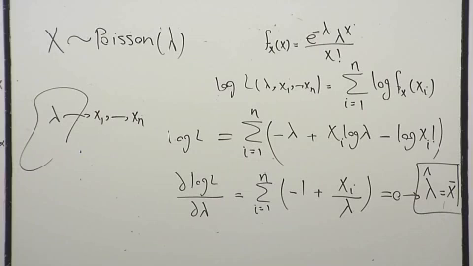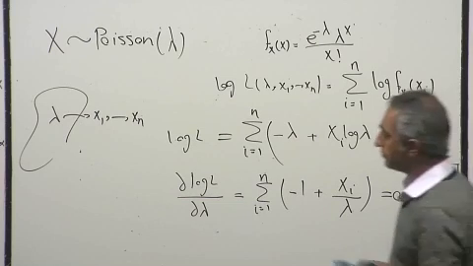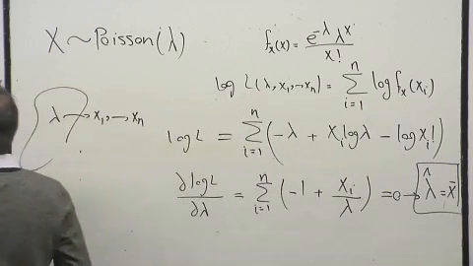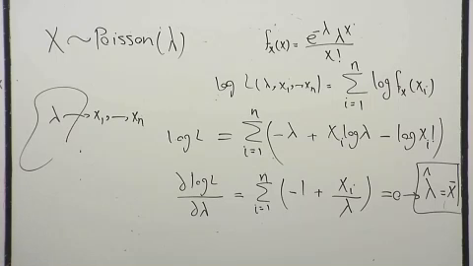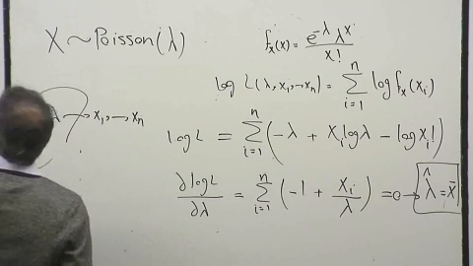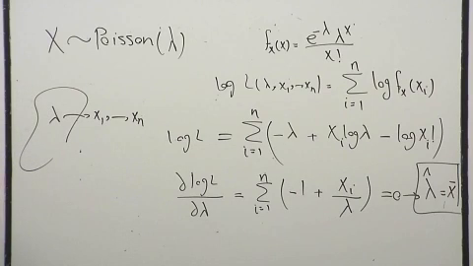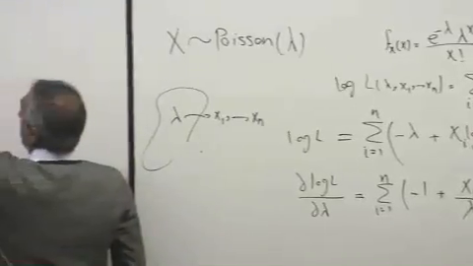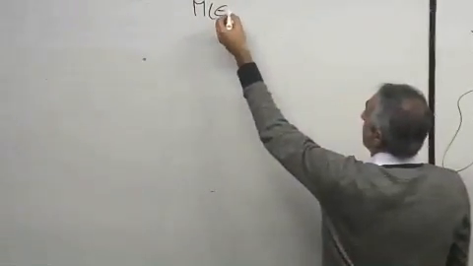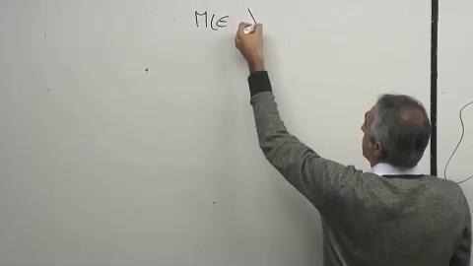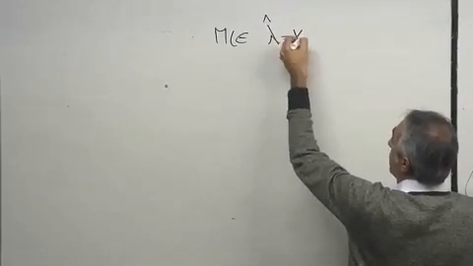That's the MLE estimate. So the MLE estimate for the Poisson parameter is x bar. That's the first step. So I got my maximum likelihood estimator, which is x bar.